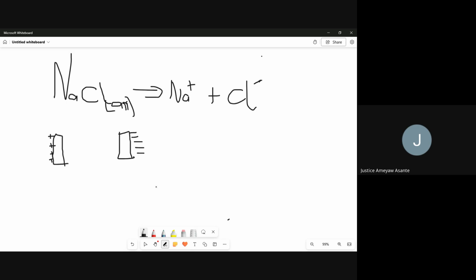Now, sodium, Na+, indicates that it has a deficiency of electrons. And therefore, when it comes closer to this pole, the cathode, which has excess electrons, sodium will attract them.